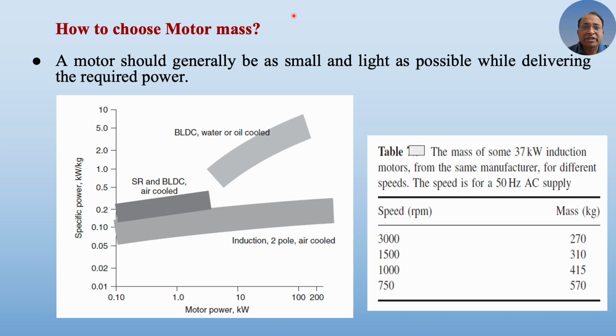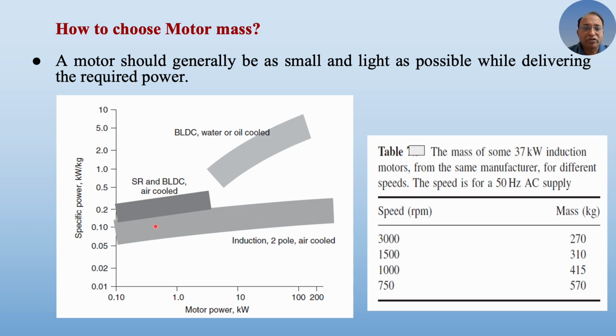The lowest specific power is available with the induction motor. You can see here the range for the specific power is lowest for the air-cooled induction motor, and it offers this specific power lying in the range of around 0.05 to 0.15 kilowatt per kilogram over a wide range of power rating for the motor, right from 0.1 kilowatt up to 200 kilowatt, very large motors.